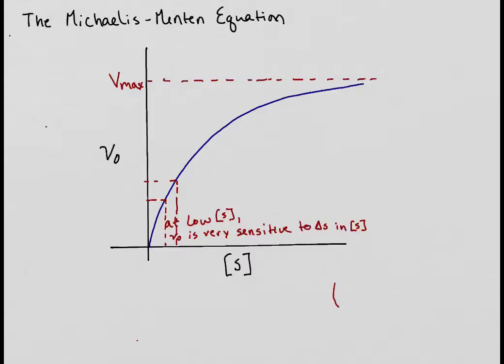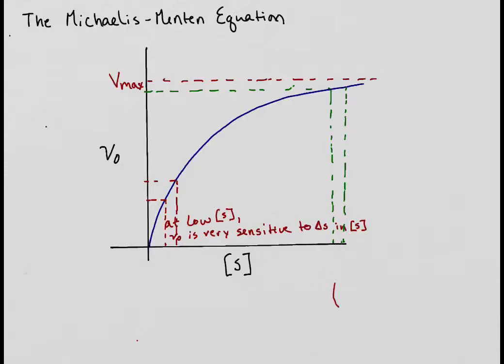However, as we go out to very high substrate concentrations, so now if we turn our attention to a substrate concentration where I'm dotting the green line, and we change that by about the same amount that we did before, then what we see is that the change that causes in initial velocity is minimal.